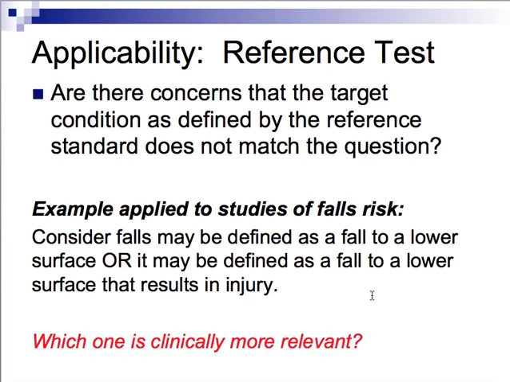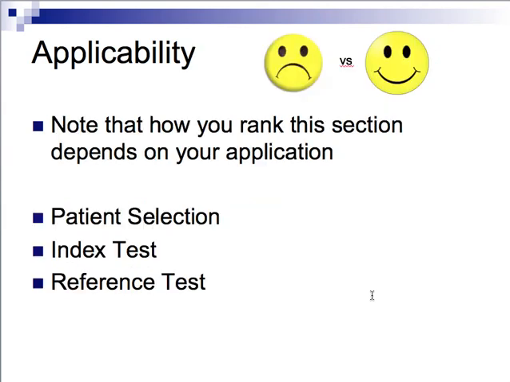And so matching the reference test to your interest clinically has to do with applying it to your patient groups. So what we can notice is that the questions on applicability are more contextual. And so whether you apply a smiley face or a frown depends on your patient, your clinic situation, what patients you see, and how you're using the tests clinically.